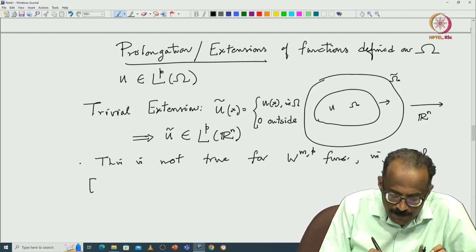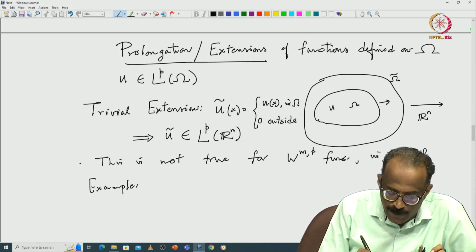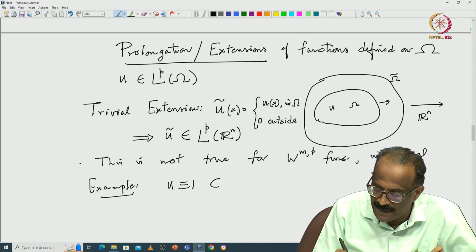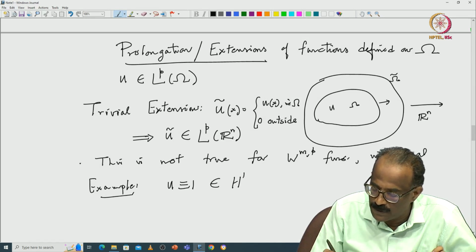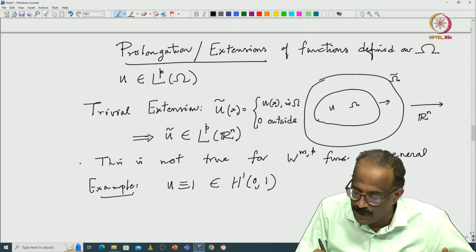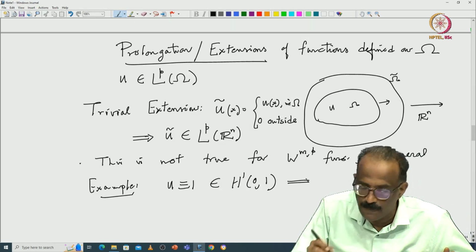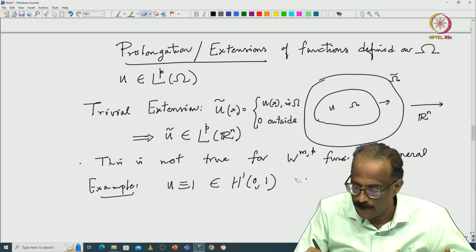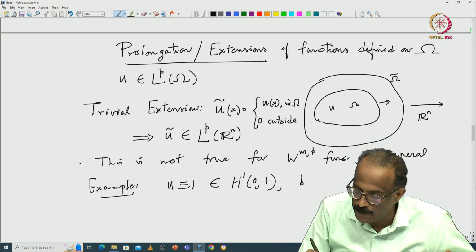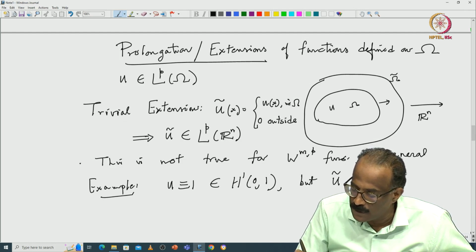For example, you have seen this example: u identically 1 is in H1 of (0,1), but the trivial extension u tilde is not in H1 of R.